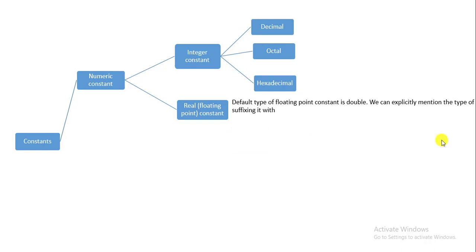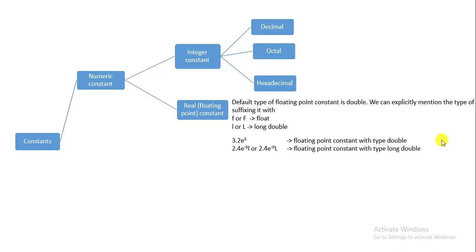The default type of a floating point constant is double, but like an integer constant, we can explicitly mention the type of a floating constant by using a suffix like f, small f and capital F to represent type float, small l or capital L to represent long double type. Here we have a number 3.2e5. As there is no suffix here, the default type of this constant is double.